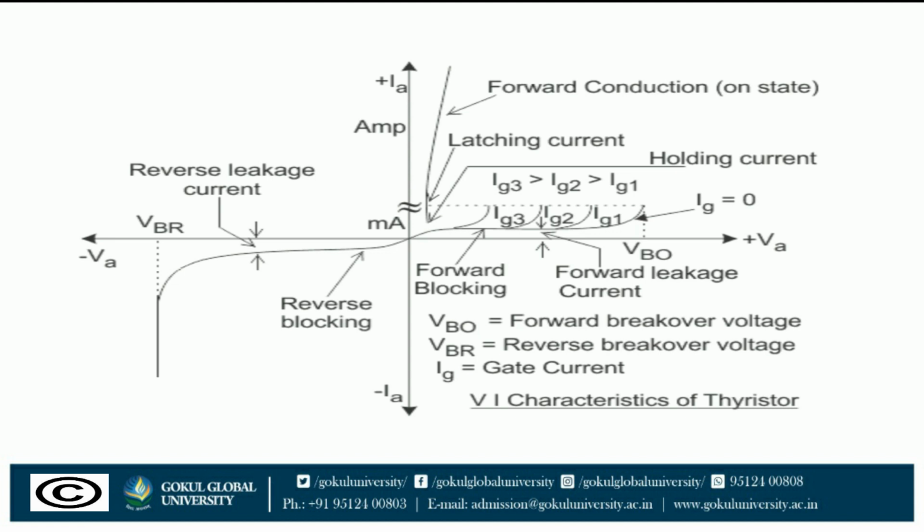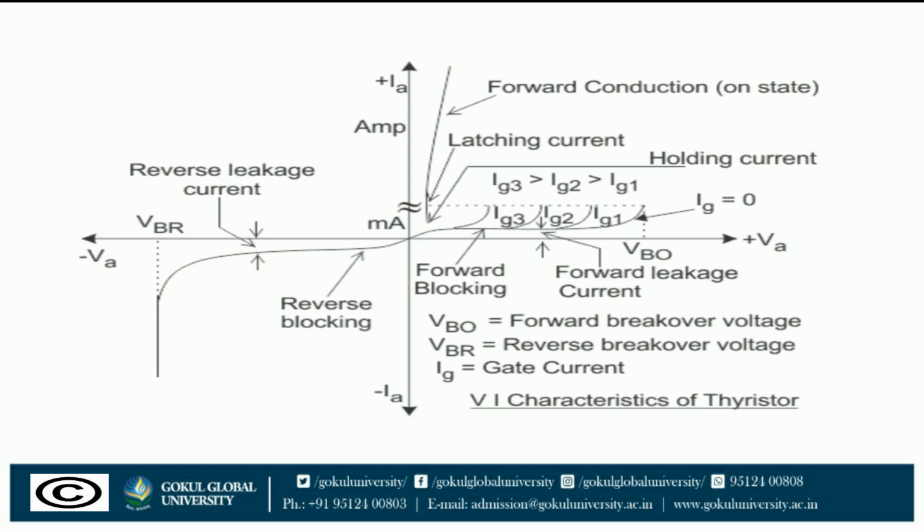The name forward breakover voltage is given because at this voltage VBO, the IV characteristic breaks over and shifts to its on-state position with breakover current IBO. At this voltage, the thyristor changes from the off-state, high voltage with low leakage current, to the on-state characterized by low voltage across the thyristor with large forward current.